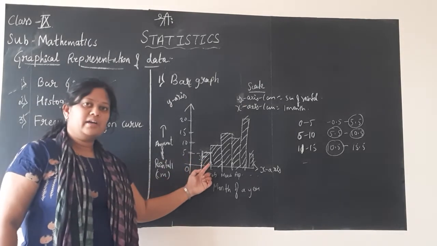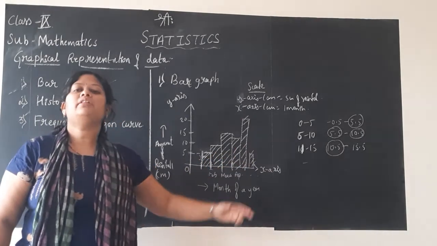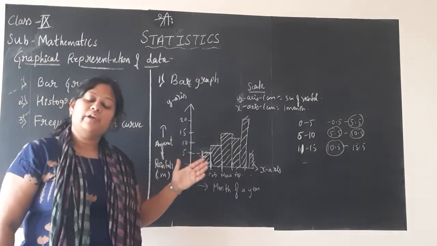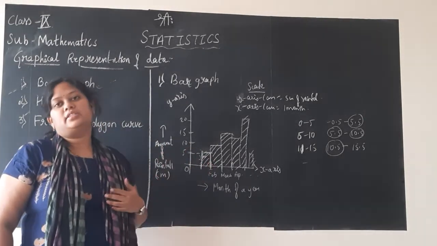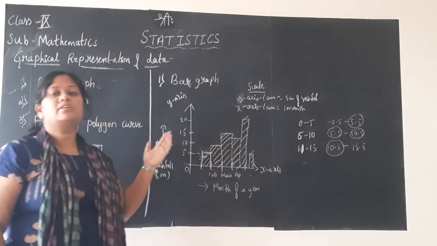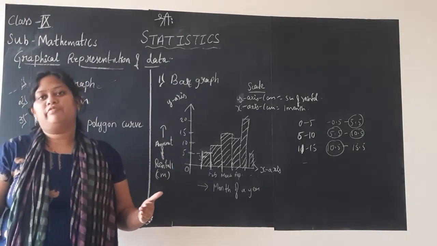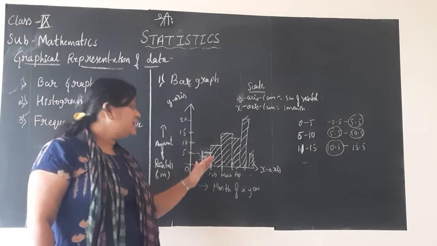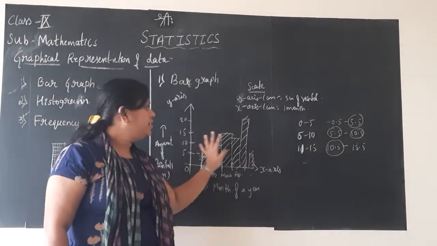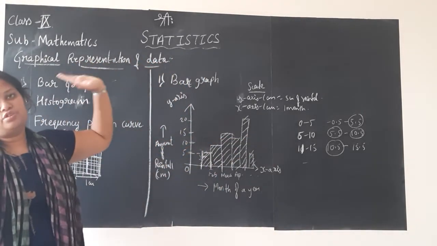When we plot the bar graph, there were gaps in between each bar, because we are not doing a bar graph for the continuous distribution of data. But histogram is the graphical representation used for the continuous distribution of data. That is the reason there will be no gaps between the bars. It is continuous bars.